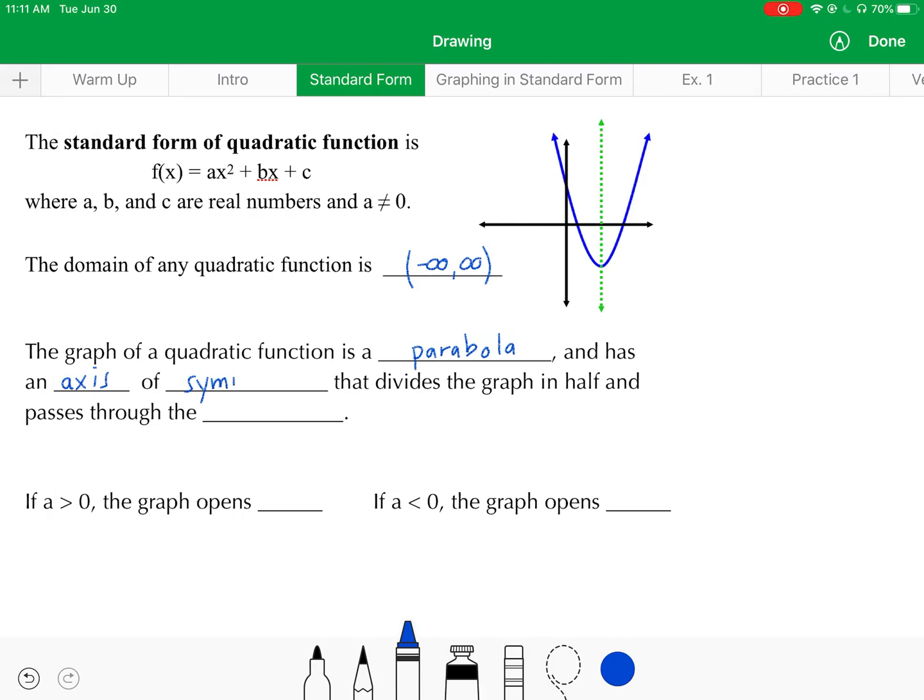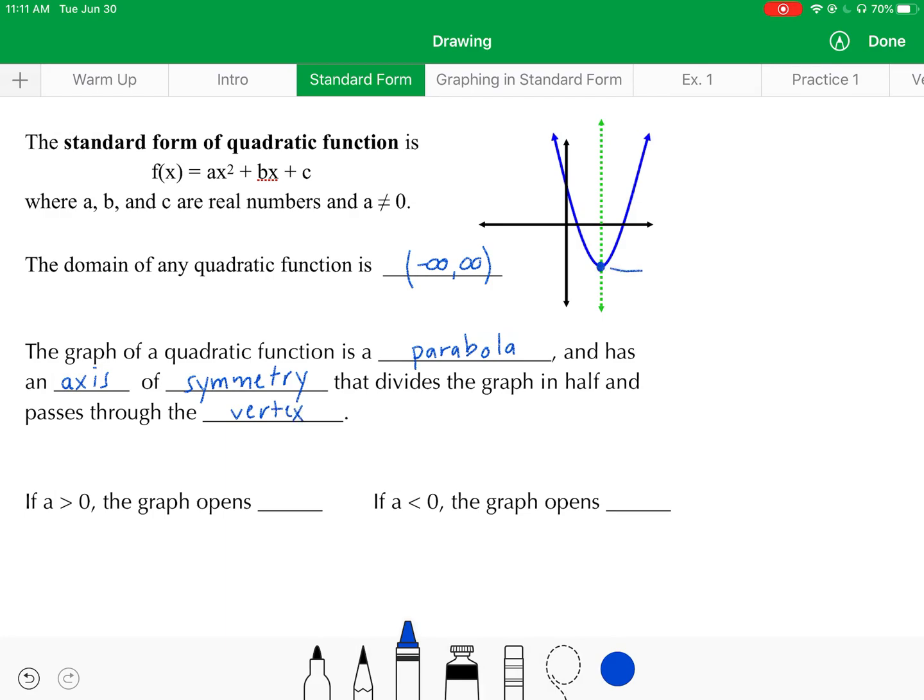You can see the parabola graphed up in the top right portion of your screen in blue, and your axis of symmetry is that green vertical line passing through the parabola. Notice it divides the graph in half by passing through the vertex of the parabola, which is right here.